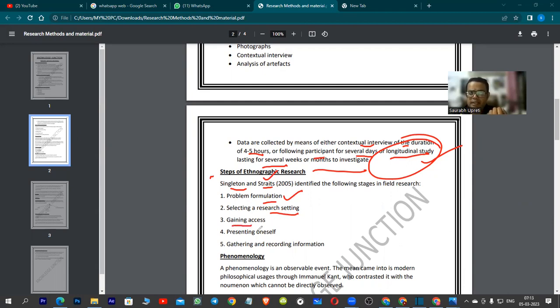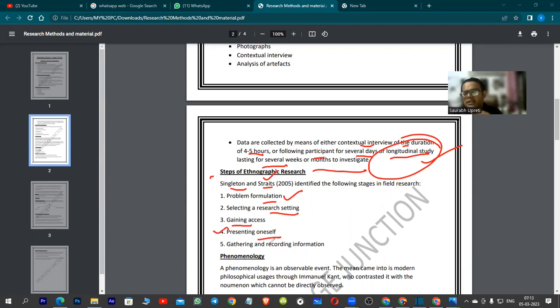Then gaining access: how the researcher gained access, the steps to gain access to that particular site where you are researching, and most importantly, your way of research should be in sync with the samples with whom you are researching. That's important in ethnographic research.